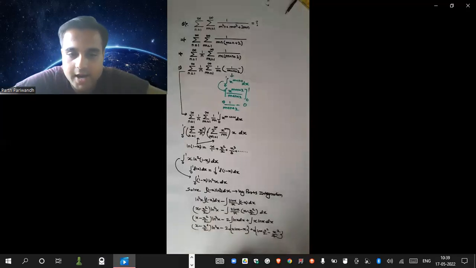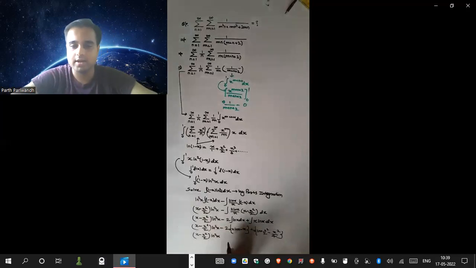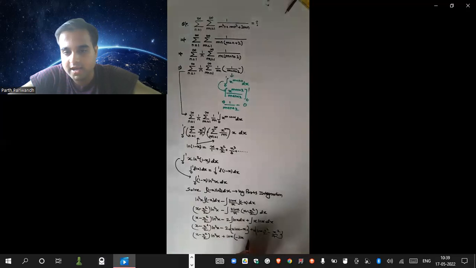Okay, so we have just integrated the natural log of x, which is x natural log x minus x, by parts integral. So x minus x square by 2 natural log square x, plus natural log x taken common, it will become negative 2x plus x square by 2, as we can see, plus 2x minus x square by 4.